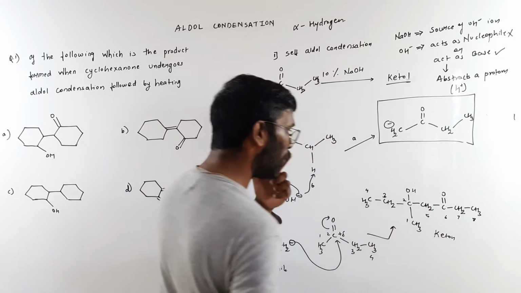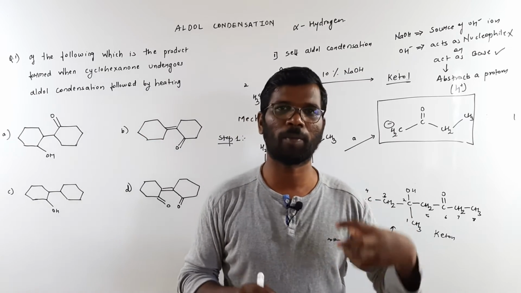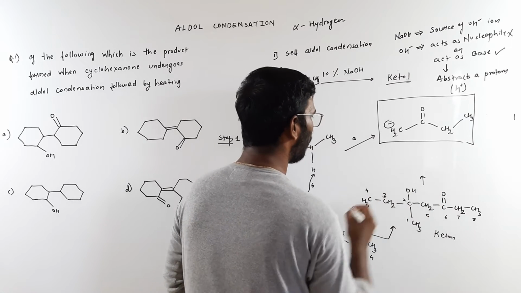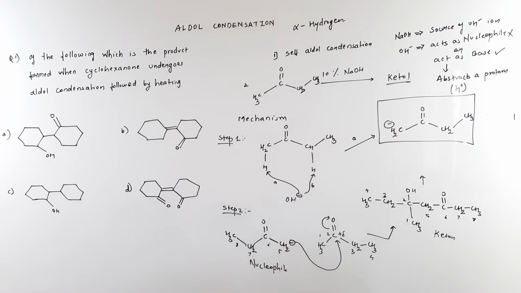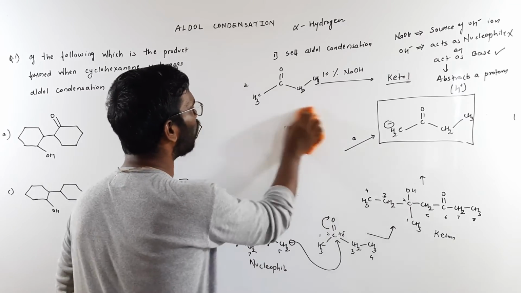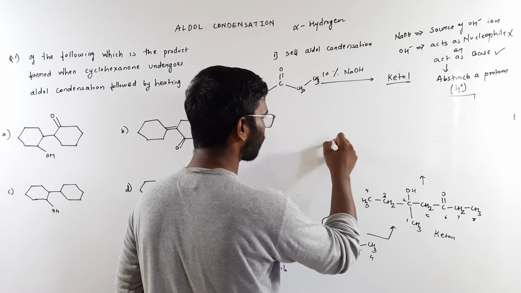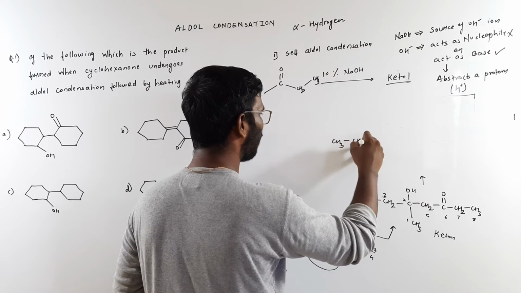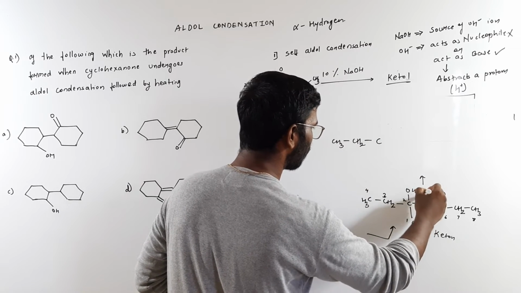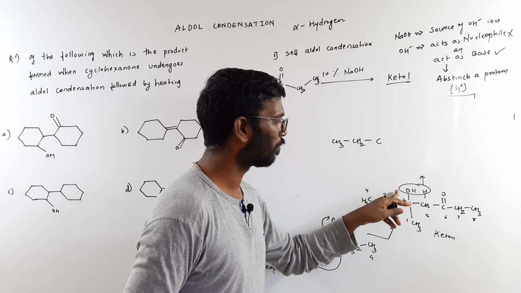See, in aldol condensation, whether the starting compound is a ketone or an aldehyde, after dehydration the double bond will always be in conjugation with a pi bond. Over here, there will be removal of the water molecule from this OH and not from here, okay?